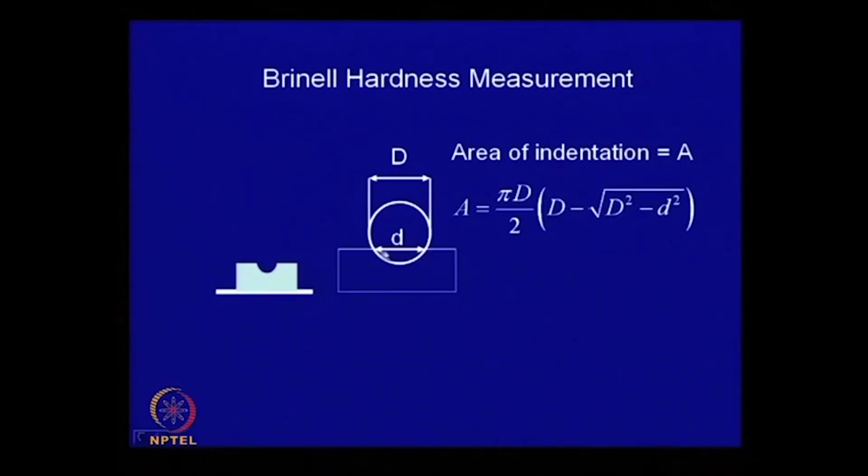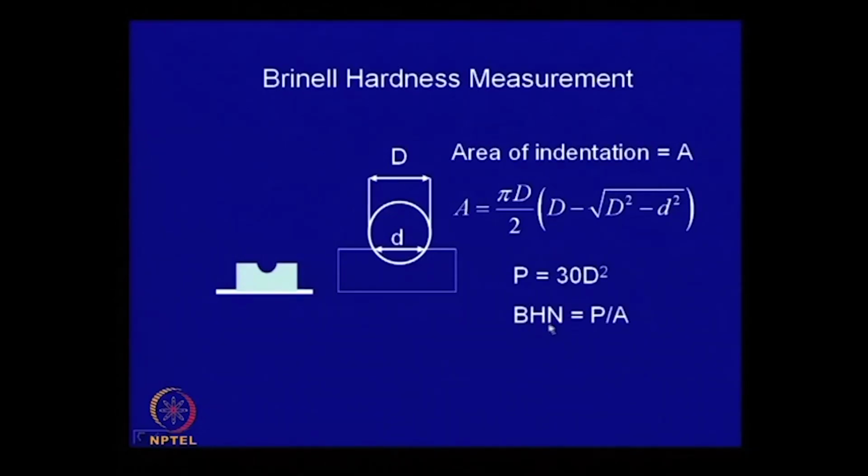and you can show that this is a sphere, and you try to measure the surface area of the contact area along this indentation, which can be done by a simple integration, and this comes out to be this.